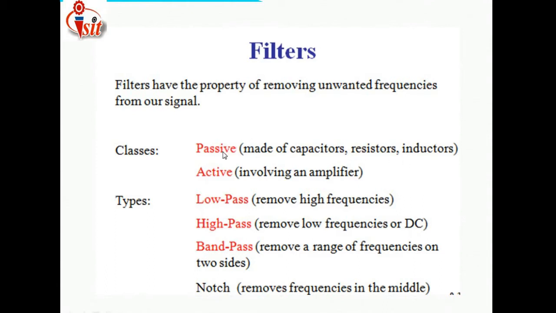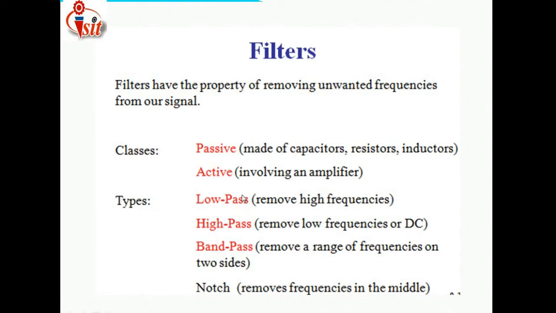That means passive filters are those made from capacitors, resistors, and inductors. And active filters involve an amplifier, that means active filters are designed using amplifiers, such as a transistor or an op-amp used as an amplifier. In our subject, analog circuits, we are dealing only with the op-amp. For that purpose, we are going to deal with active filters.